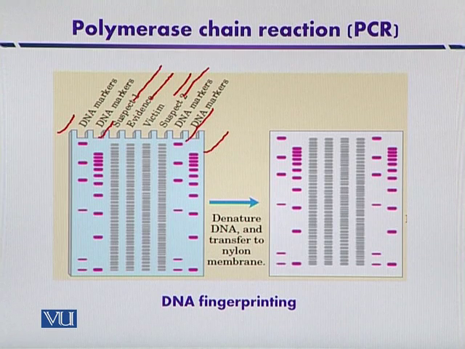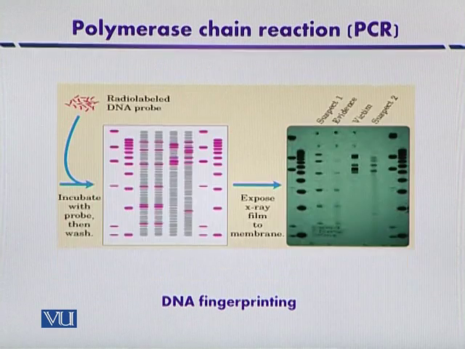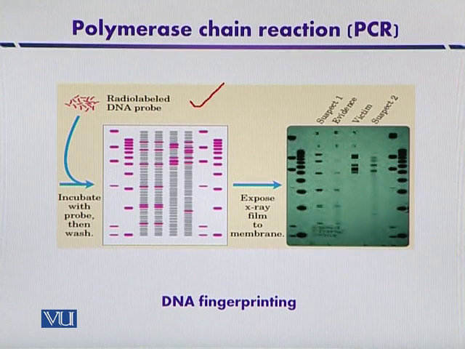And after the separation on the gel, these DNA fragments can also be transferred for Southern blot analysis onto nylon membrane paper. In the next step, when it is transferred to the nylon membrane, the fragments can be detected by using certain radiolabeled probes. So probe hybridization is there, a technique you are well aware of, and then after hybridization it can be exposed to X-ray film so that a particular DNA banding pattern is available.